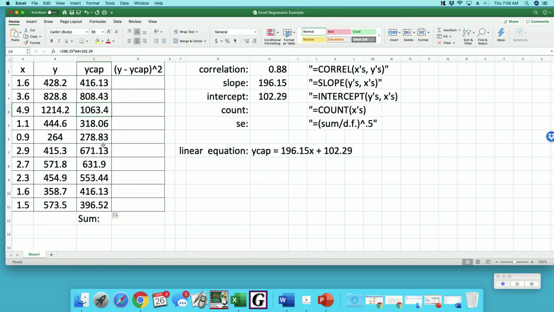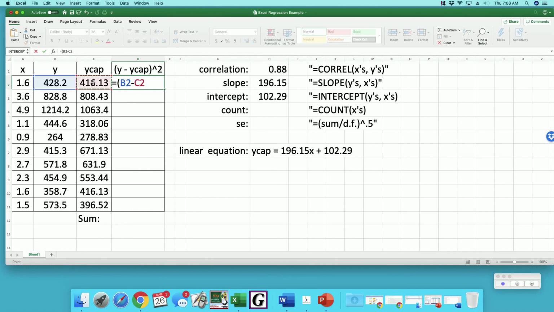Now we also need the square of the difference between y and y-cap. So in D2, what we're going to do is equals, parentheses. Now we're going to do it dynamic again, so we can do that trick where we drag down and it makes all the calculations for us. You're going to click B2 minus C2.